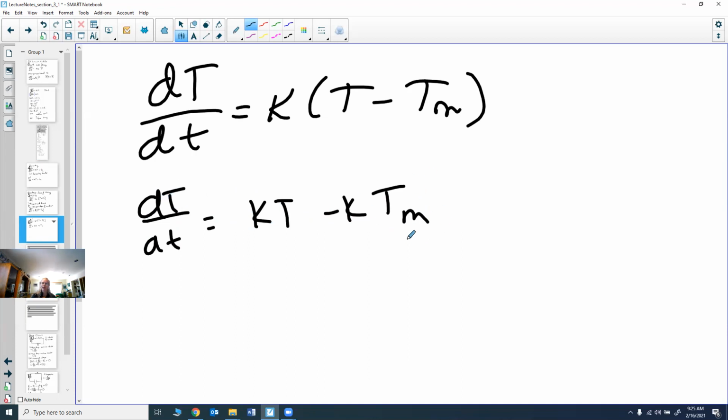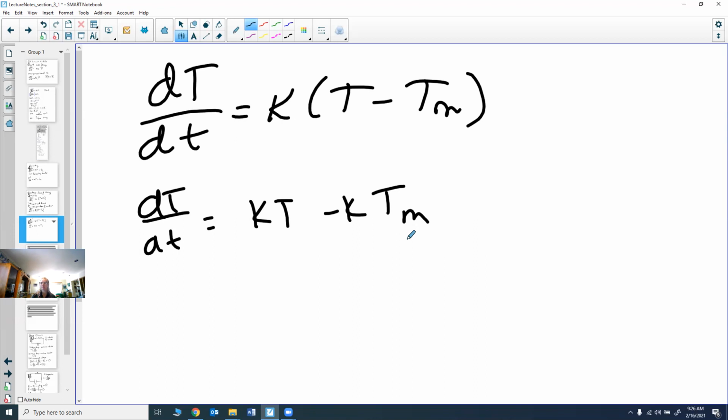T sub m is a constant. It's your temperature of the medium. Now, in reality, the temperature of the medium is in fact changing slightly from that object. So if we're cooling something down, like you put something in the refrigerator, the object, if it's warm, will actually warm up the refrigerator a little bit. This is why they say don't put really warm things directly from the oven in your refrigerator, because it will warm up the refrigerator.